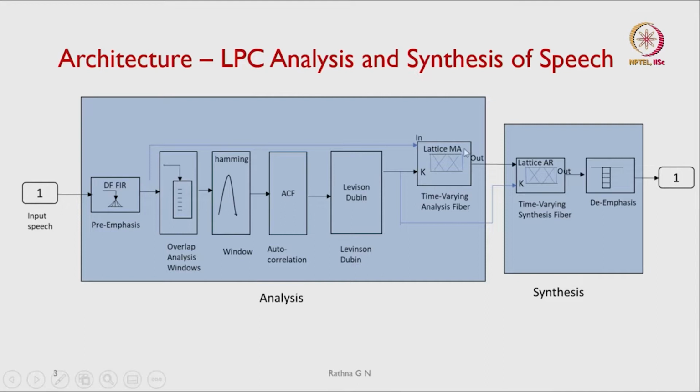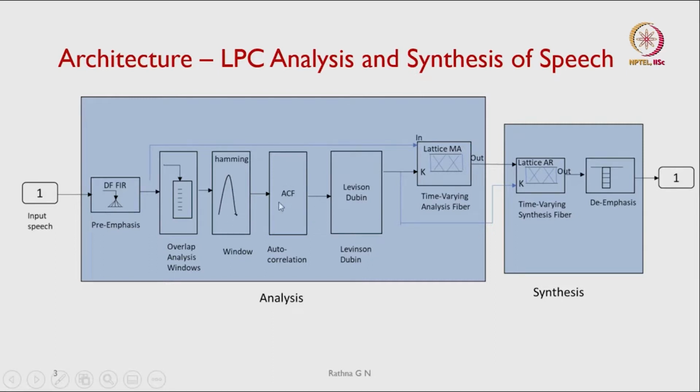The other path is the overlap analysis window. Next, it is passed through the Hamming window. This is the FIR filter that we are going to design, and then we check the autocorrelation.